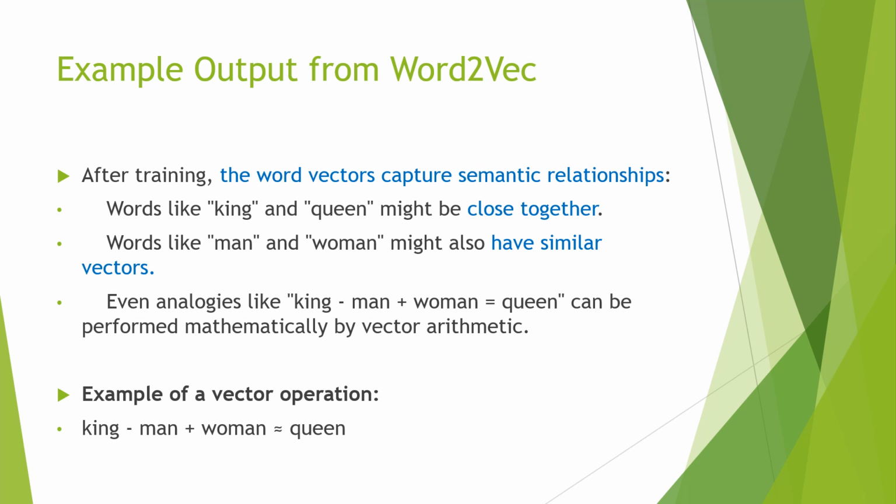Sorry, not 111. Since we have 100, 010, 001, we will be getting 1, minus 1, 1. Like that we are getting the vector for queen.